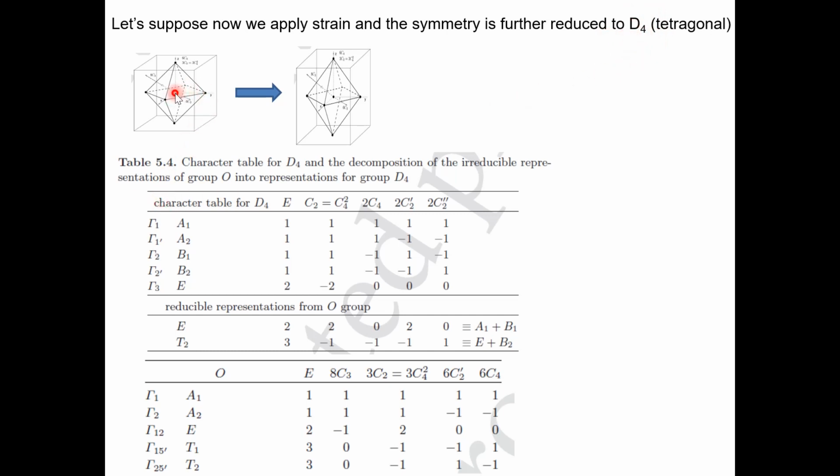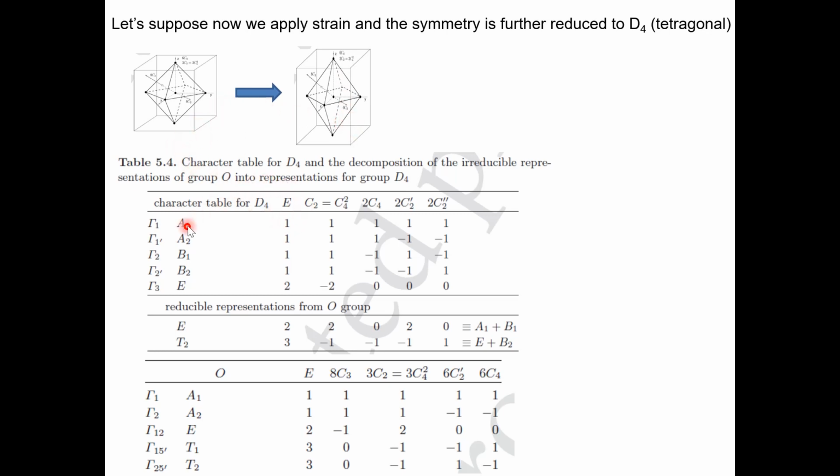I have an impurity atom right here in the middle, and before I had a cubic environment, and now I apply some stress in the crystal and I break the symmetry so it becomes tetragonal. So it's like the lattice XY lattice constant is different than the Z lattice constant. So now I have a D4 group.